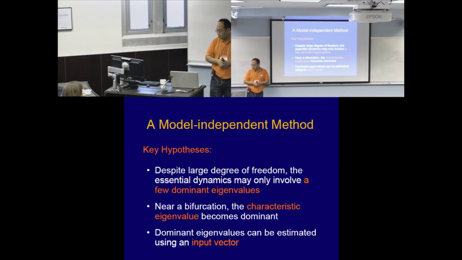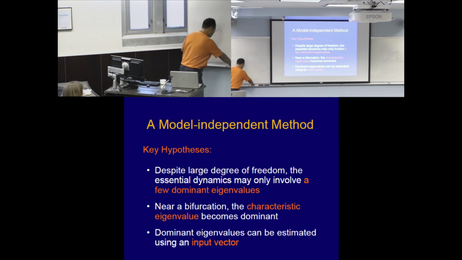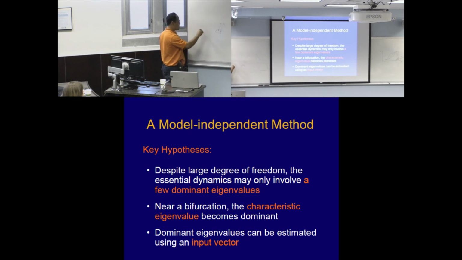Or you can think of a ball, which is 1D, and it's going to eventually die out. But imagine this is a bowl shape, steep in this direction and shallow in that direction. Then it will be much faster. If you start an arbitrary kind of oscillation, it's going to mainly focus on that direction.